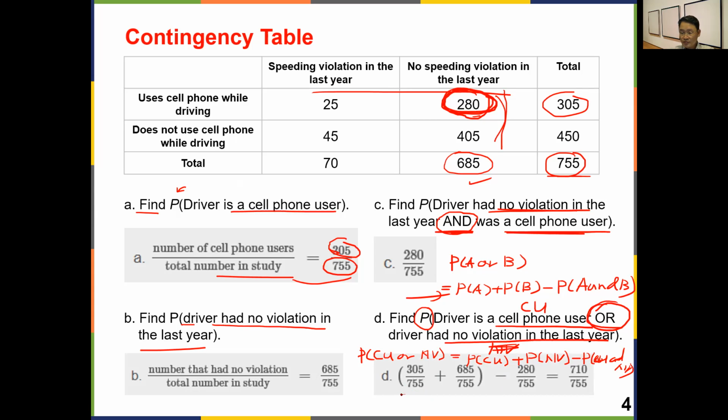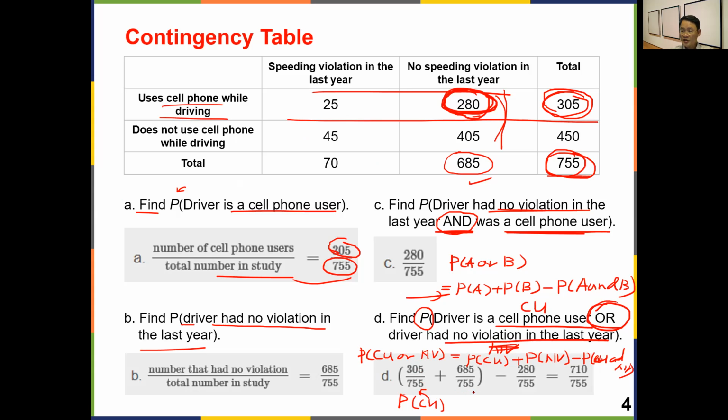So this one right here is the probability of cell phone user. How many of them use cell phone? Look at the table right here. Altogether, it's going to be 305 out of 755. So 305 out of 755 is going to be the probability of cell phone user.